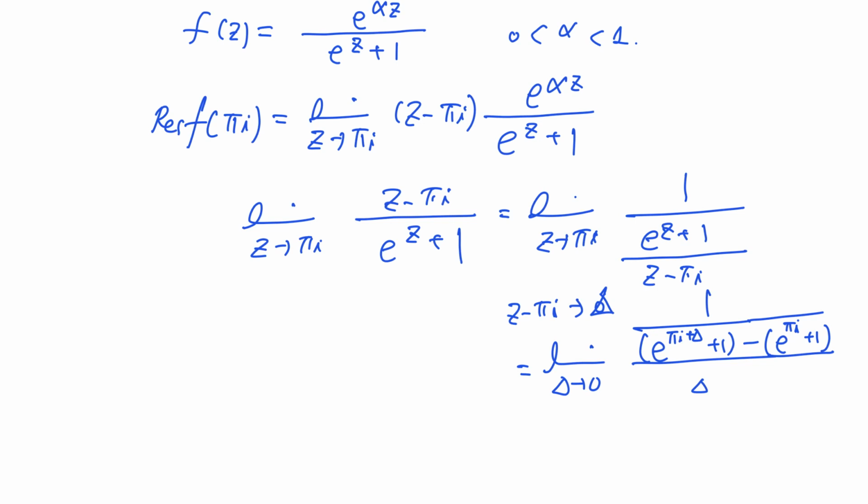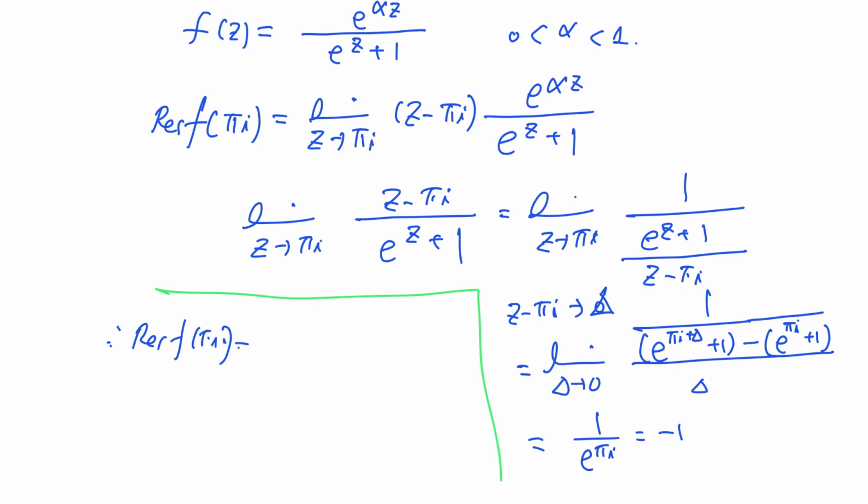Because this is the same as 0. Exponential pi i is minus 1, right? So you can actually substitute 0. And if it's delta, then it's the derivative of this, right? So it becomes simply e to the alpha pi i over 1, right? This is minus 1. Therefore, the residue at pi i is actually minus exponential alpha pi i.